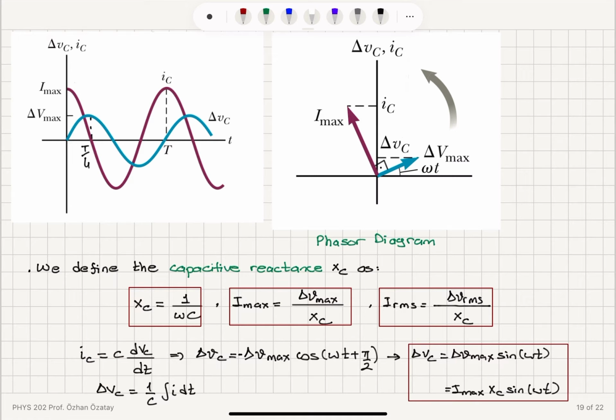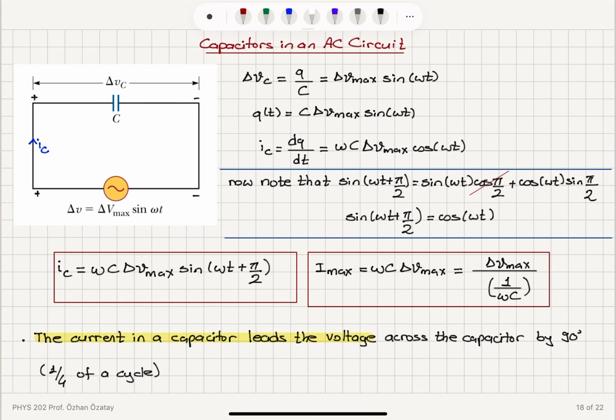The current in the capacitor is C dVc/dt, so delta Vc is basically delta V max sine omega t. You can see that delta Vc will be the integral of 1 over C times I_C dt. So that's what we do here with the current I have found.